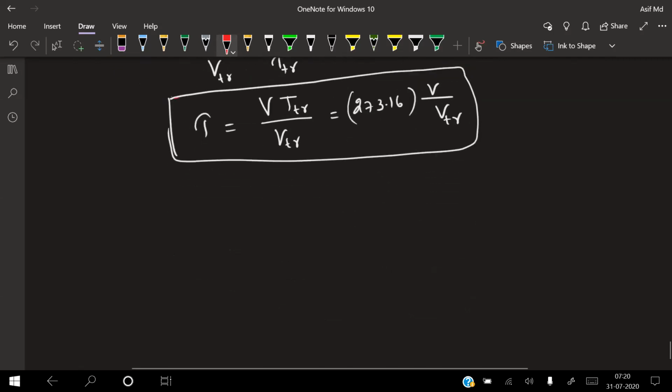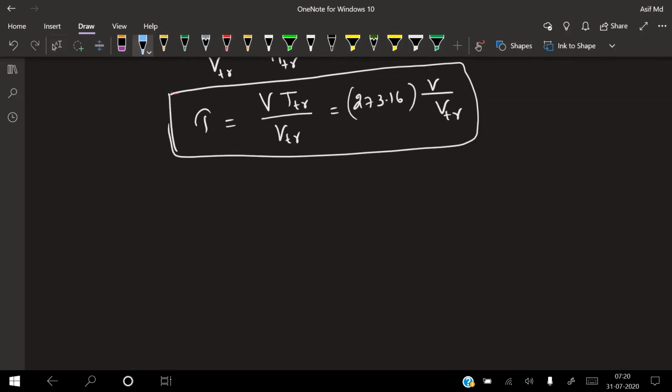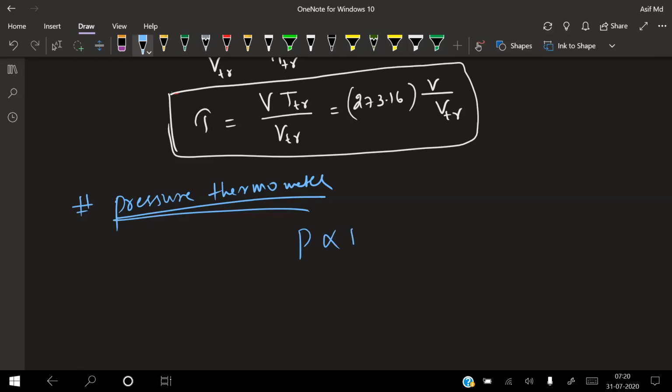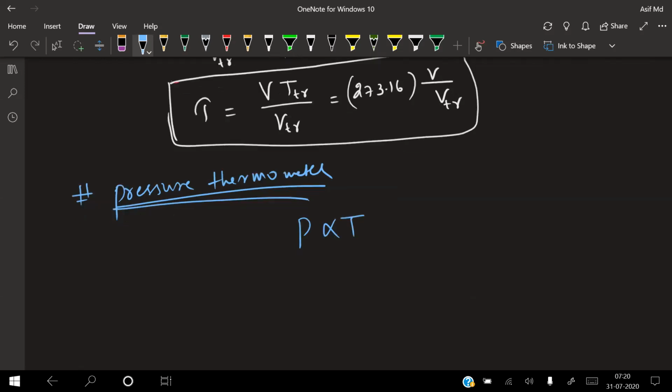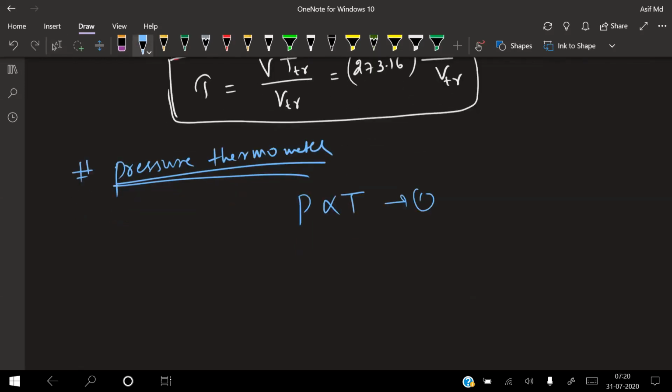Similarly, if I'm talking about the pressure thermometer, same, pressure is directly proportional to what? Temperature. That is my equation number 1. Pressure at the triple point is directly proportional to temperature at the triple point.